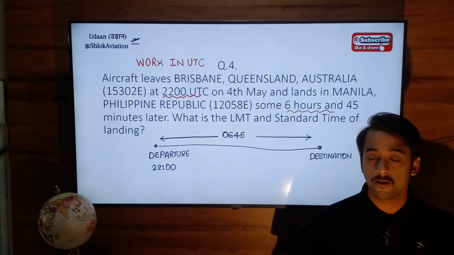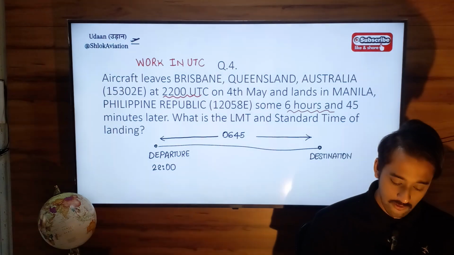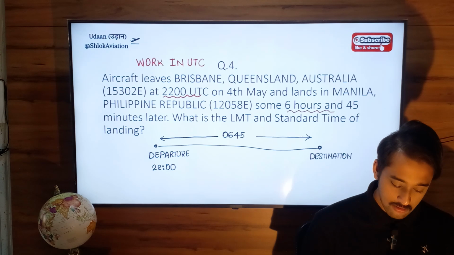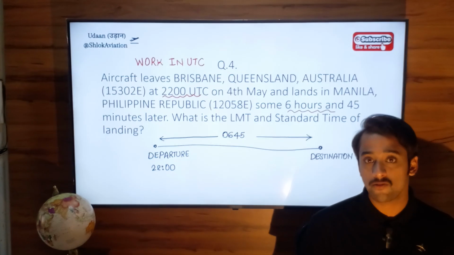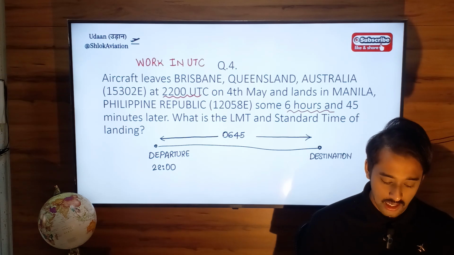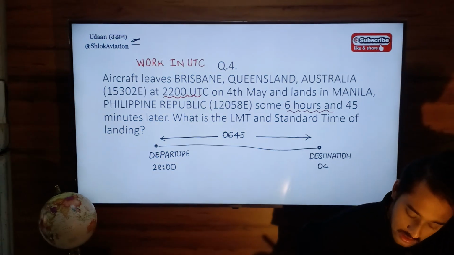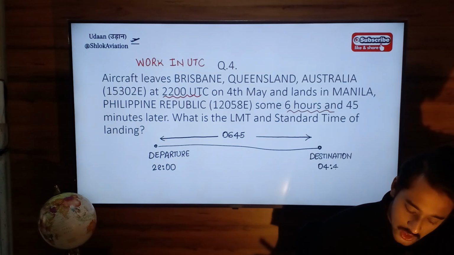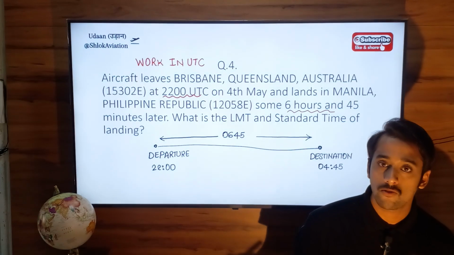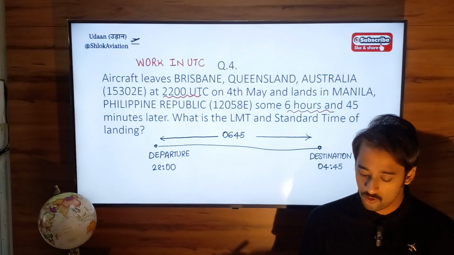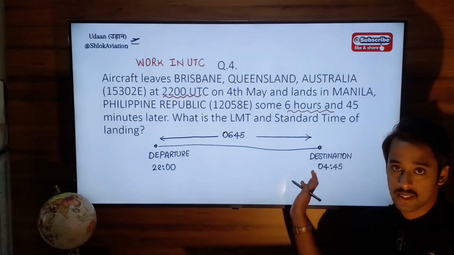So the time of landing at your destination will be 22 hours plus 6 hours 45 minutes, which is 28 hours 45 minutes. Subtract 24 hours from that and you get 0445. So you will land at your destination at 0445. That will be your destination timing as per UTC.